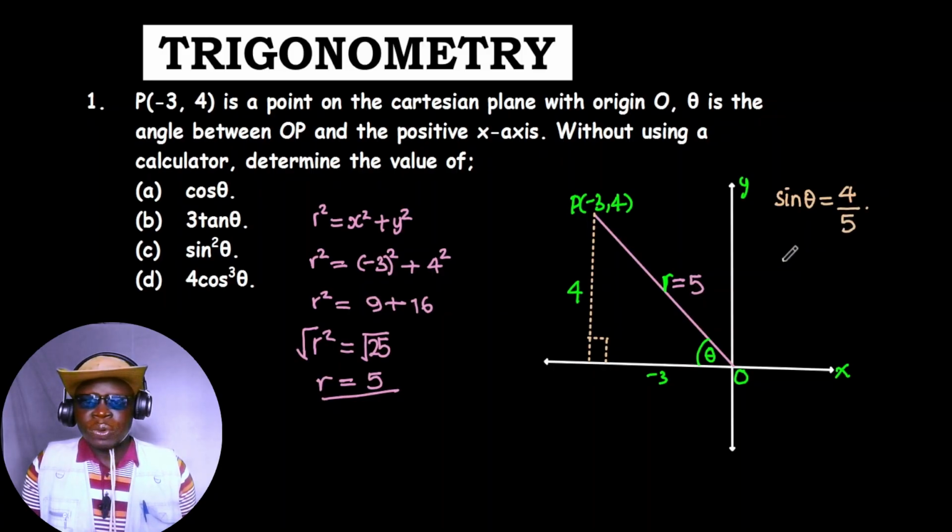Now let's move on to cos of the same angle theta, which is given by adjacent, and our adjacent is -3 over hypotenuse, also 5. And finally, we have tan of the angle theta, given by opposite, that is 4, over adjacent, and that is -3.